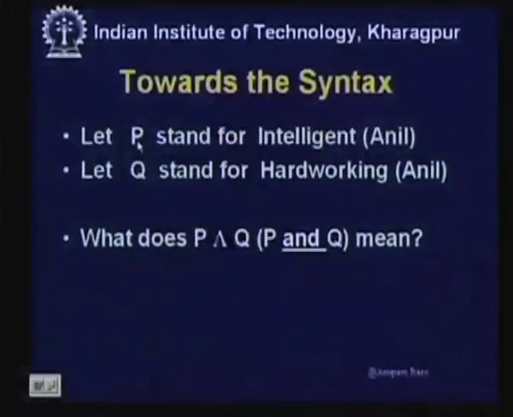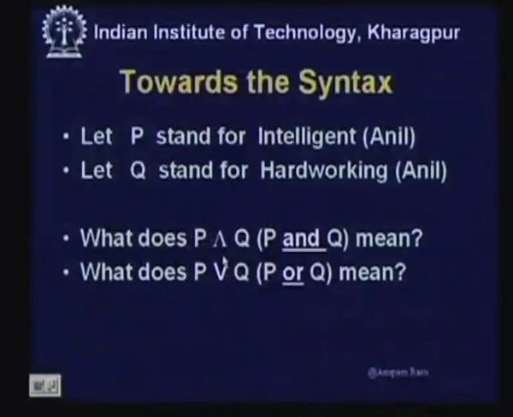If either of them is false, then P and Q is not true. So, you see, P and Q is another proposition. Although P is true, if Q is false, P and Q will be false. When P is true and Q is true, I will have to separately evaluate P and Q and see that P and Q is true.